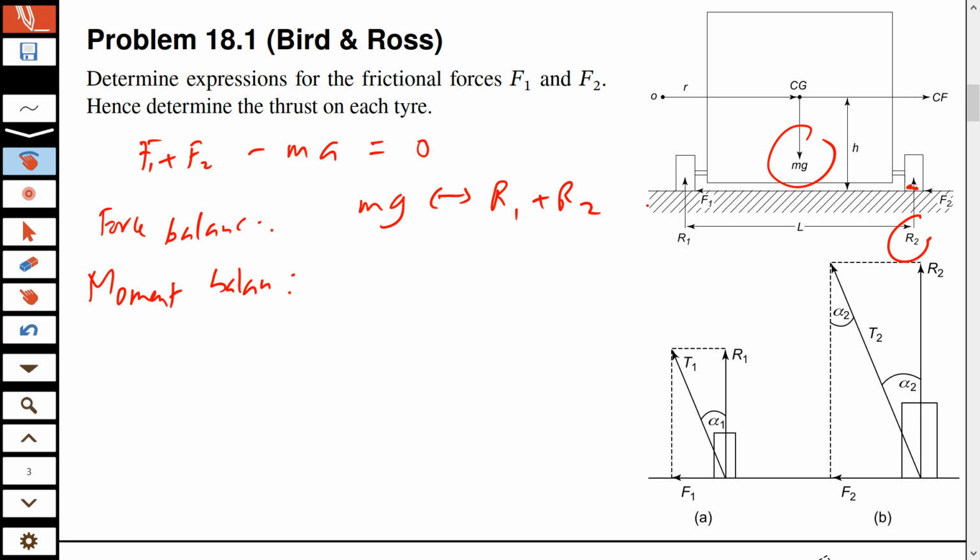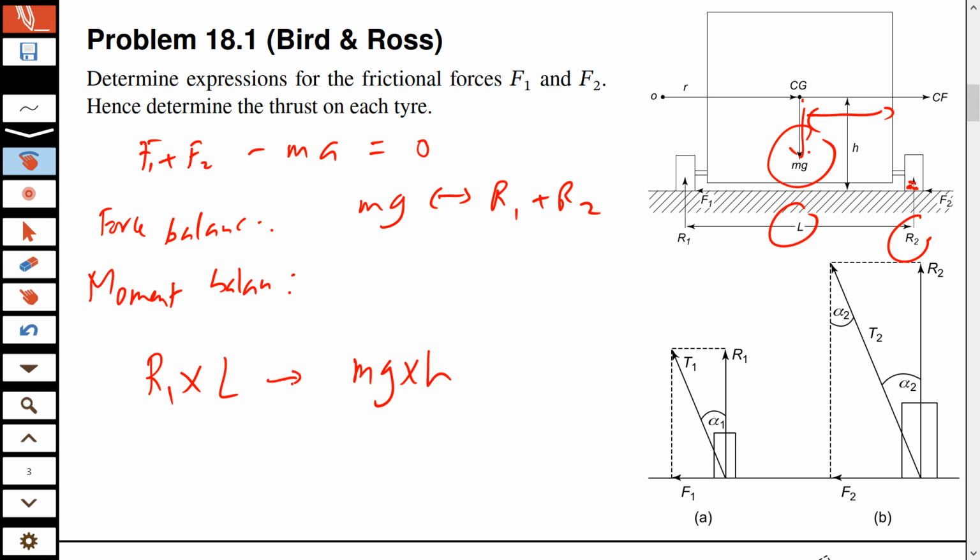You will have one moment for R1 times something, which is R. No, it is not. Which is L. Sorry. Yeah. So R1 times L, and then you have another moment mg times h. Yeah. mg times h, और R2 निकल जाएगा.